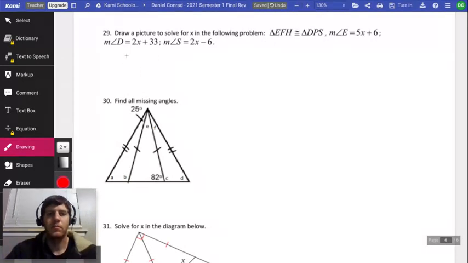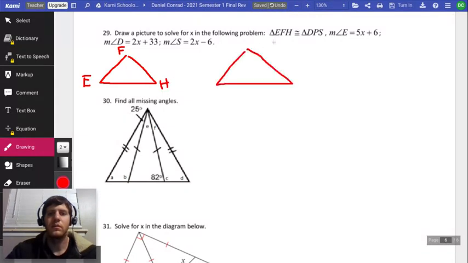Right, so triangle EFH, then triangle DPS. So E corresponds with D, F corresponds with P, and H corresponds with S. Okay, the measure of angle E is 5x plus 6.